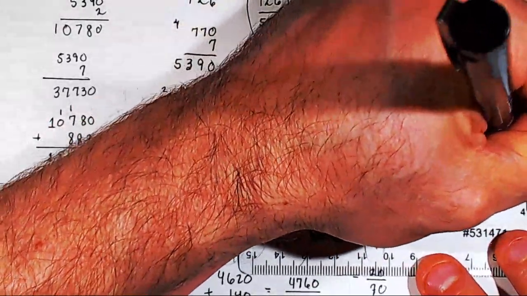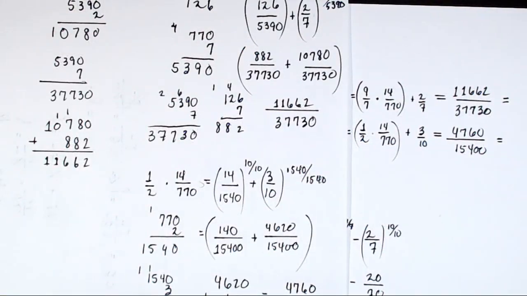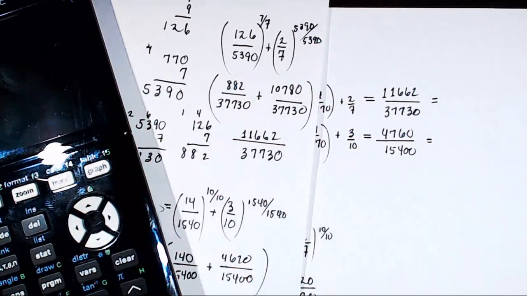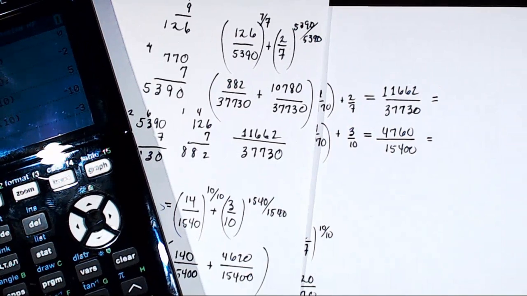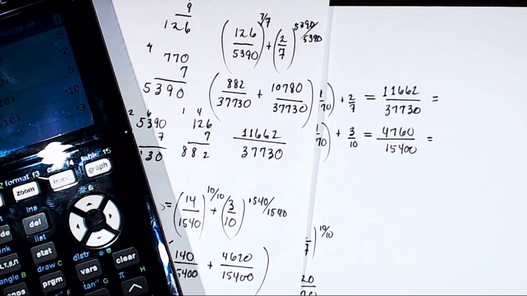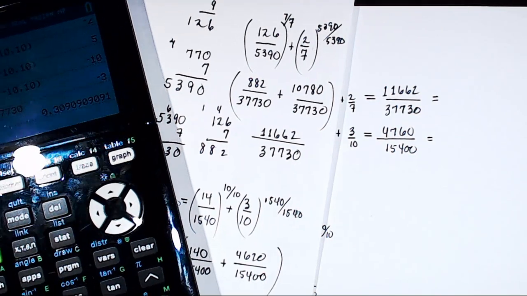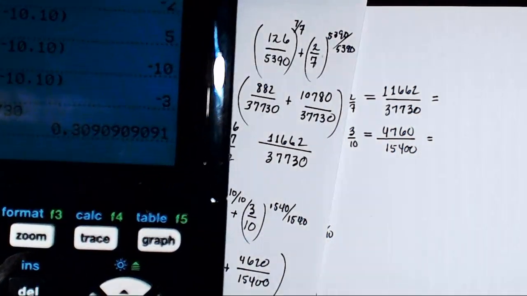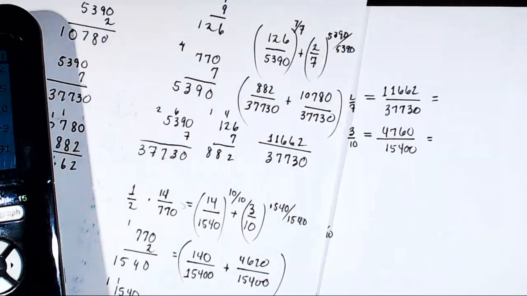Now these should equal one another unless I've made some stupid computation error. We'll say 11662 divided by 37730. Okay, that gives that extremely small decimal, 0.3.